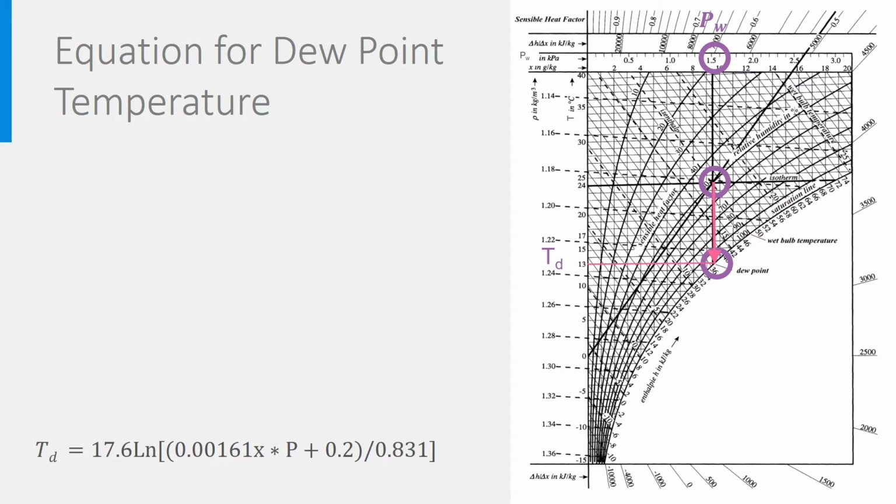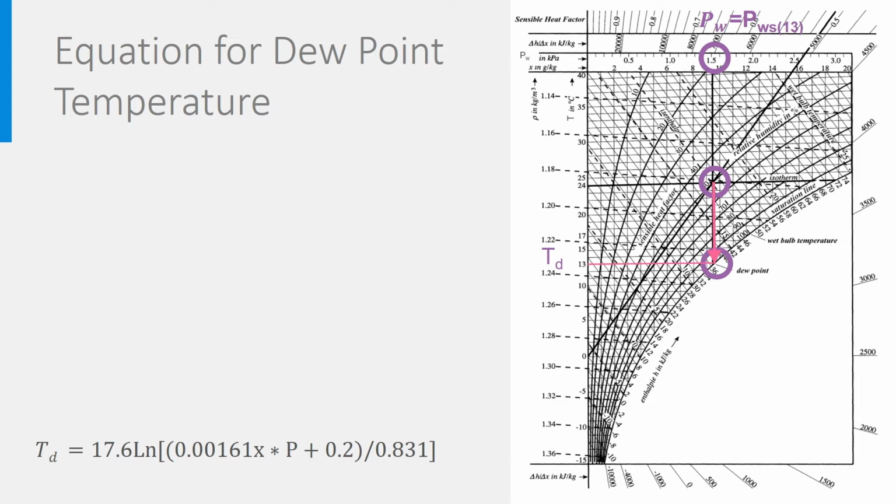It is useful to have an equation for more precise calculations or for pressures different from the atmospheric one at sea level. To derive this equation, you have first to realize that at dew point temperature, 13 degrees in our case, the saturated vapor pressure Pws is equal to Pw, the partial pressure at our point at 24 degrees and 9.5 gram per kilogram absolute humidity.